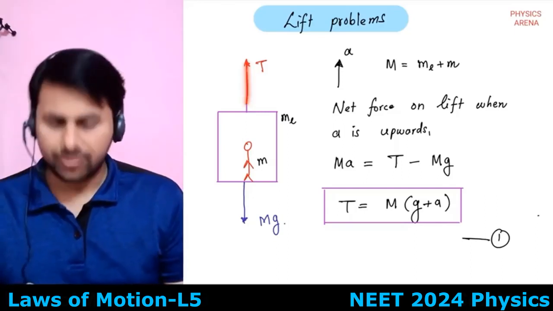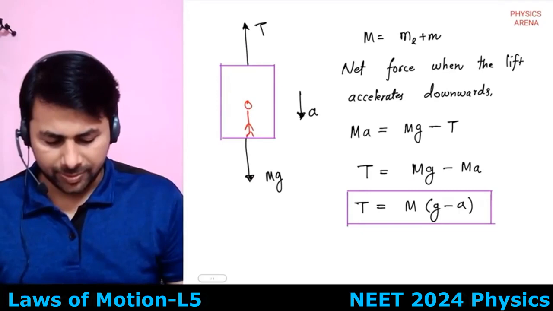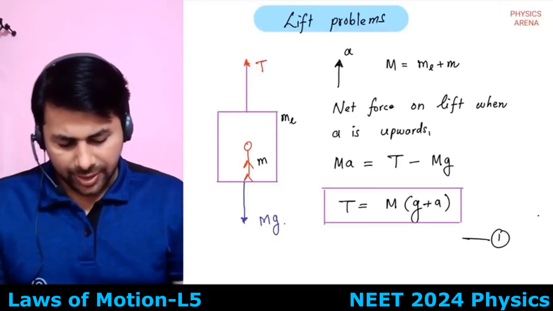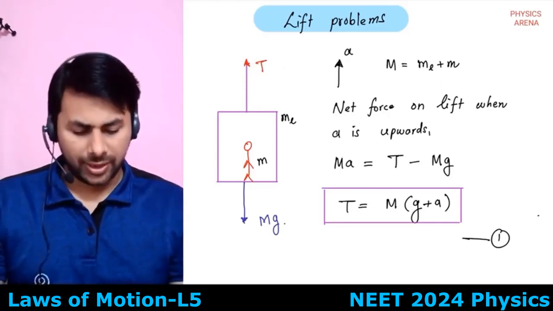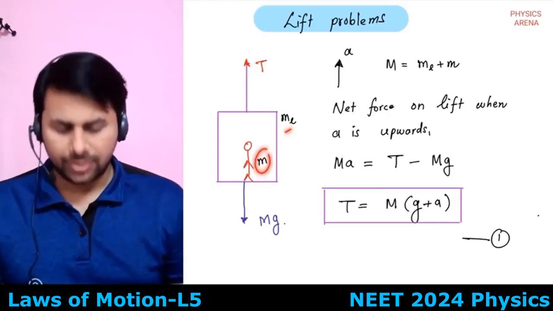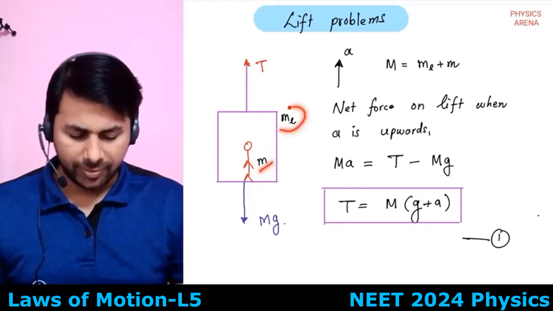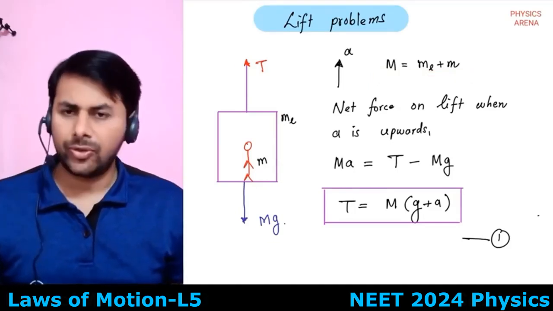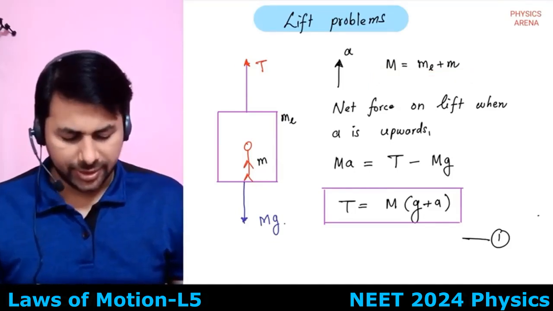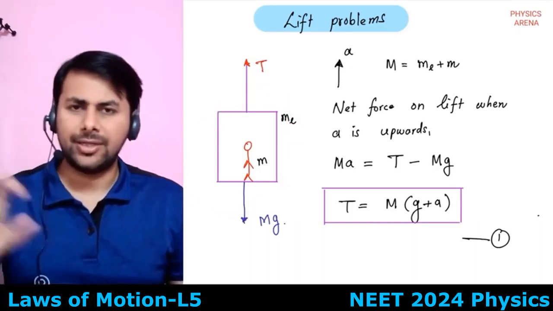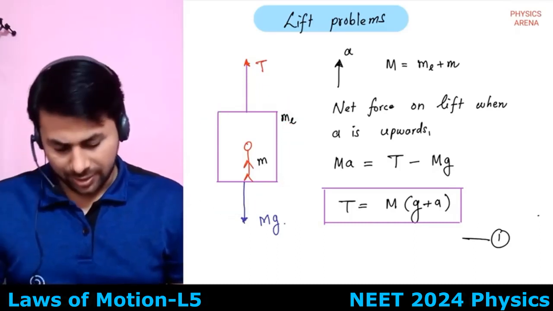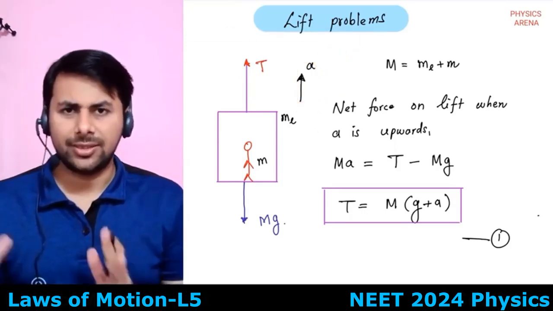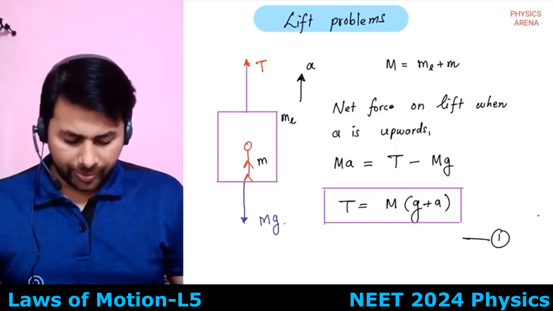So first of all, let's suppose this lift is connected to some kind of a string, and the acceleration is upwards. The total mass is the mass of the man, m, plus the mass of the lift, ml. Therefore the net force on this lift is the total mass multiplied by its upwards acceleration a.